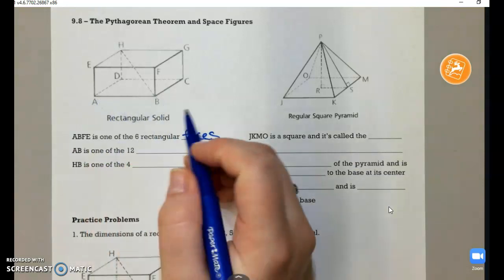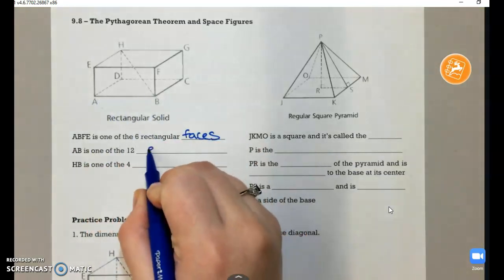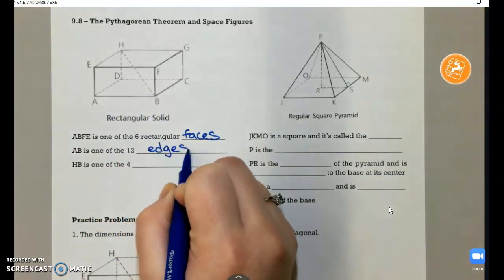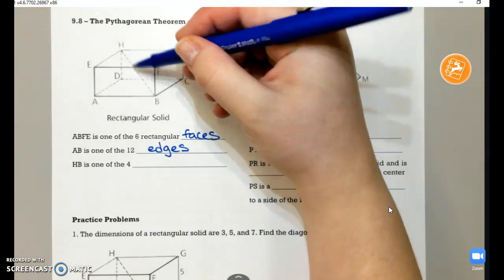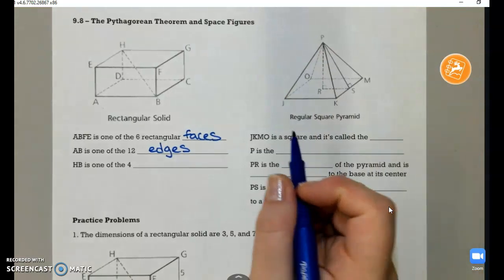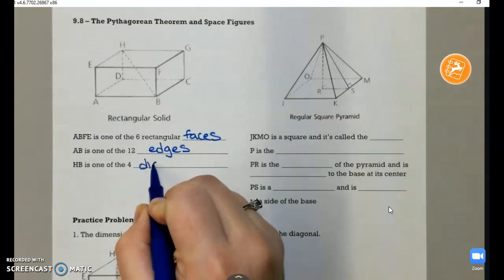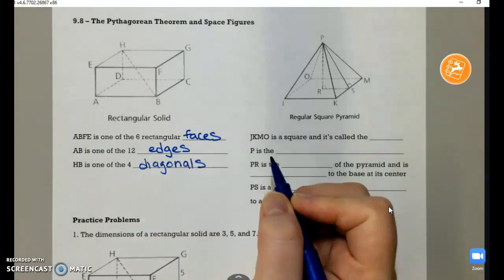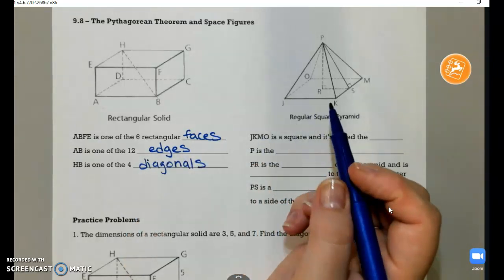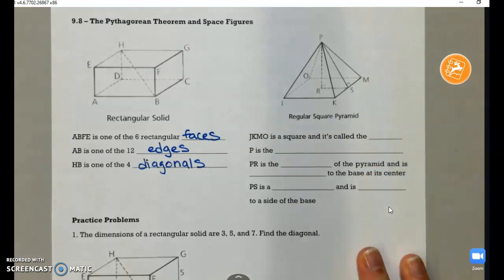A, B, this side here, is one of the 12 edges that make up this shape. And HB, shown here going through the shape, is one of the diagonals. So we've got faces, edges, and diagonals.